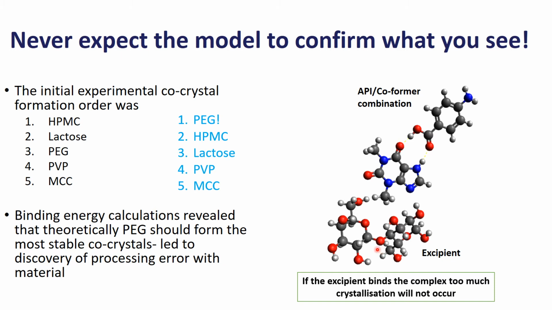So there was a number of different inter- and intramolecular interactions that we could look at, which contributed to our binding energies and could tell us which excipients would produce the most stable co-crystals, which really was about the excipient interacting in the smallest way possible with the API and the co-former.